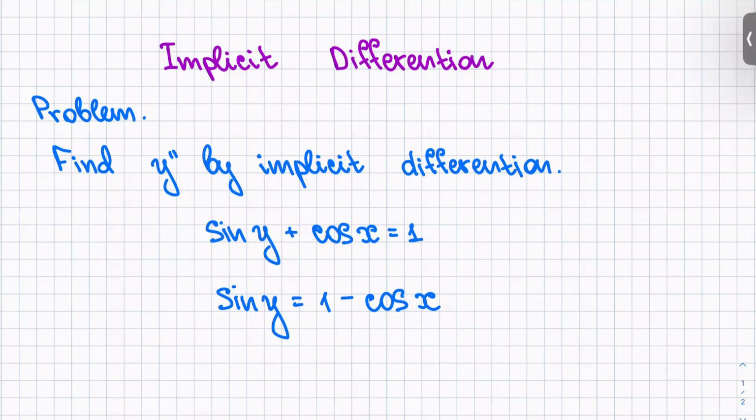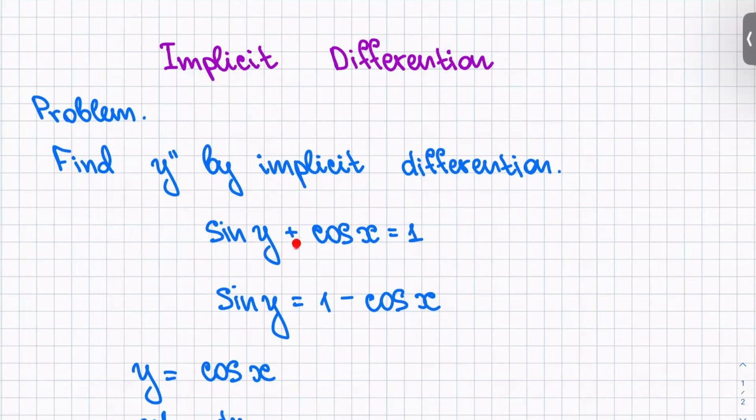As you are used to, for instance, if you have y equals cosine x and you want to find its derivative, which you denote by y prime, or sometimes you write dy over dx, which means you are taking the derivative with respect to the x variable. Do you know what the derivative of cosine x is? It will be minus sine x.